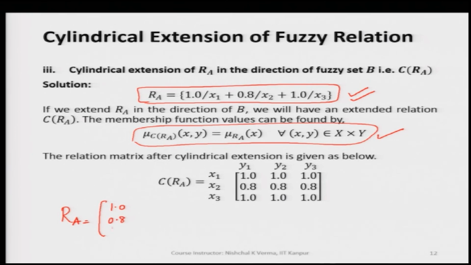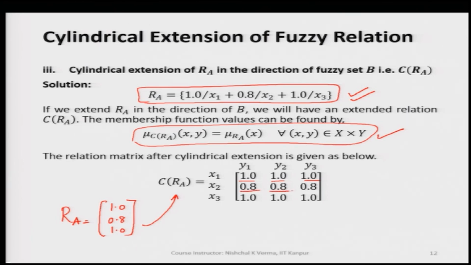Now, when we take the cylindrical extension, this 1 gets added: for x 1 y 1 we have 1, and similarly x 1 y 2 will also be 1, x 1 y 3 will also be 1, and similarly for all other elements we extend.